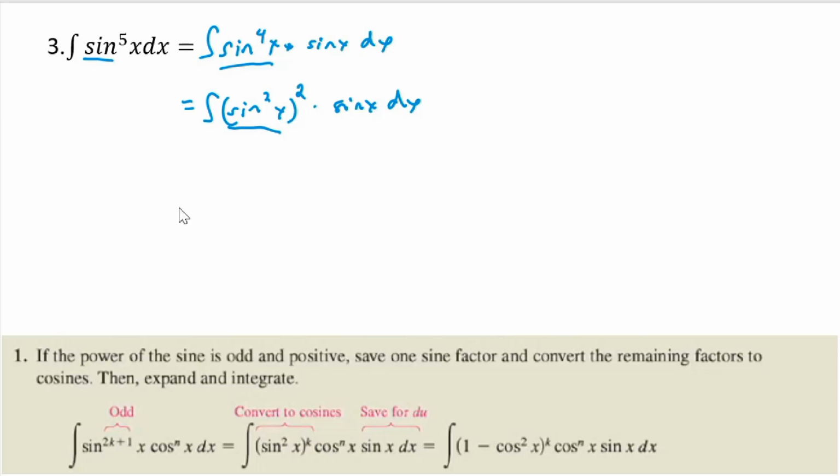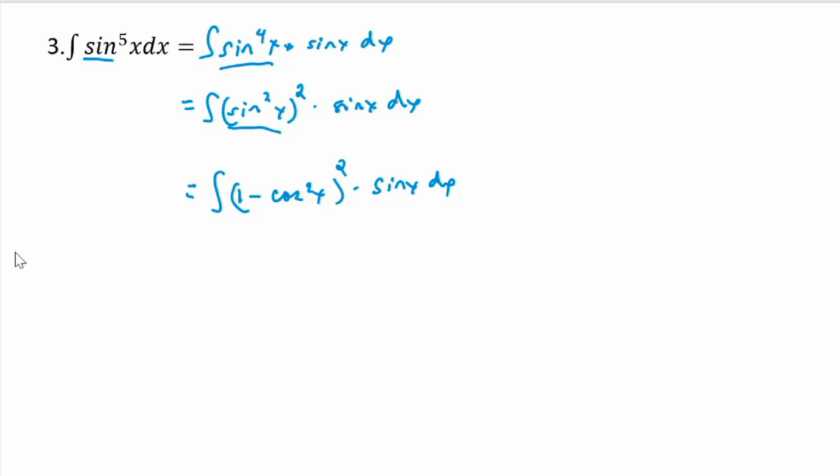Now, the sine squared x there can be written, using the identity, as the quantity 1 minus cosine squared x raised to the power of 2 times sine x dx. And then from there, we're going to write u as cosine x, and du is equal to negative sine x dx.